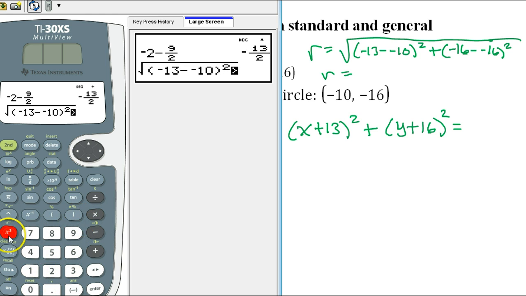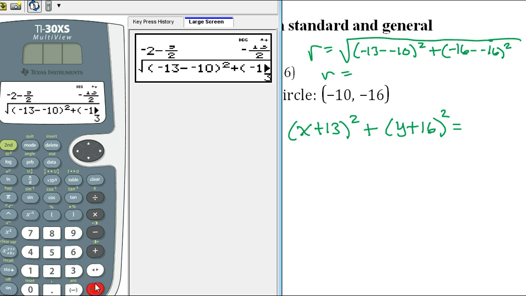And then you could square that. I'm just showing that you could type it in just like this if you didn't know any more than this. So negative 16 minus negative 16. And that also is squared. So kabam! Oh, look at that. 3 is the radius.